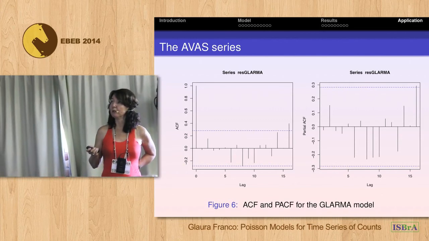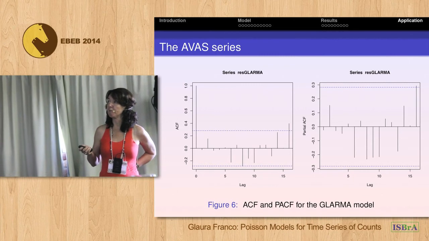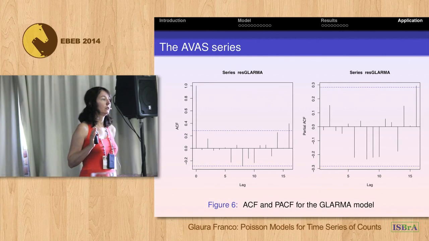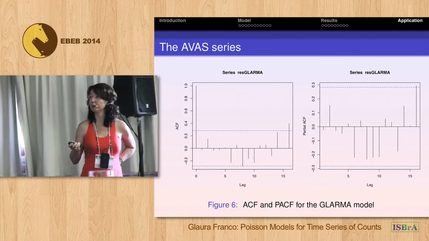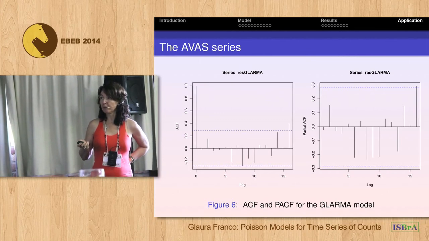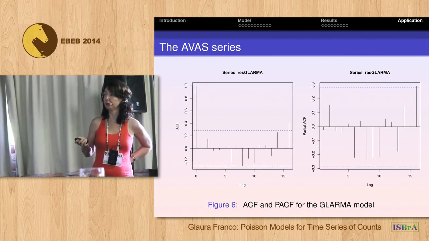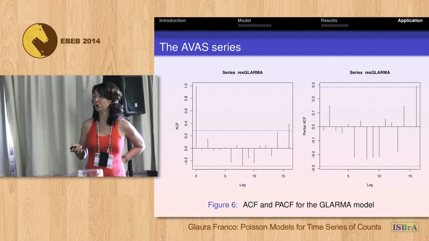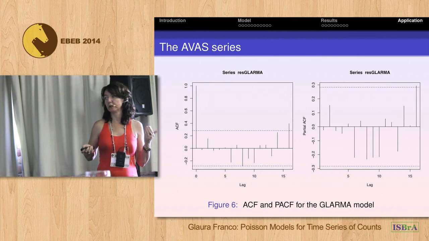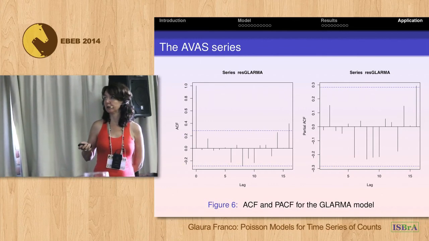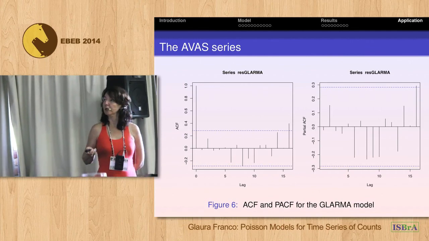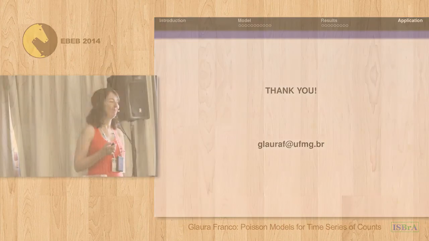We always find some significant peaks on the residuals, saying that the model is not well adjusted because we have some autocorrelation in the residuals. So we can make the residual series white noise when we fit these observation or parameter-driven models which account for this autocorrelation. So we are glad that this happened. And okay.